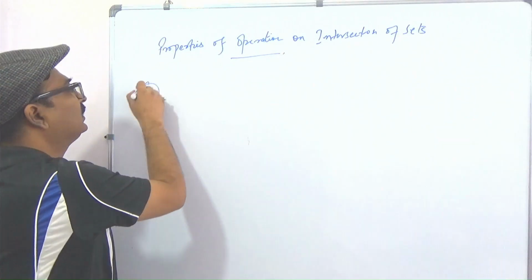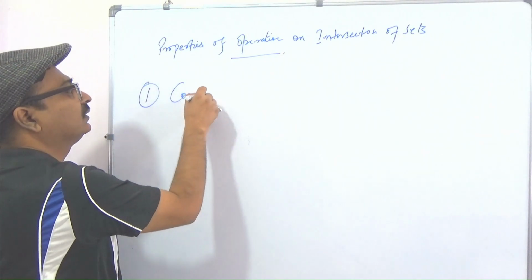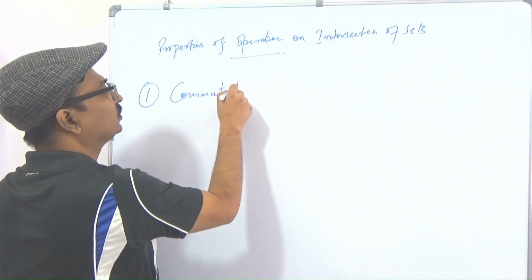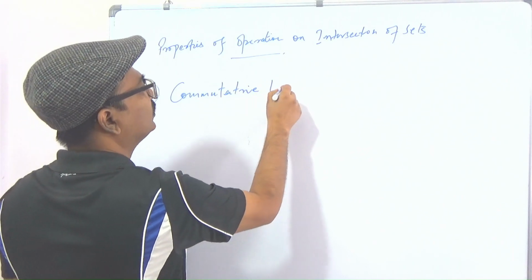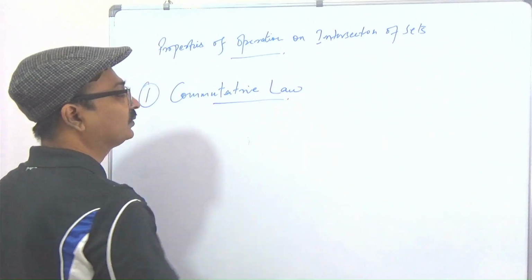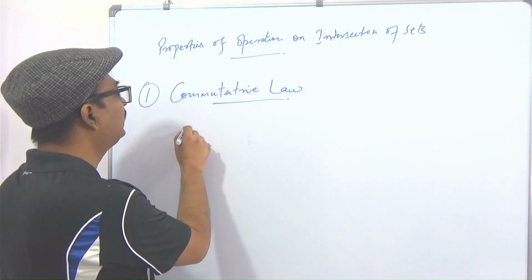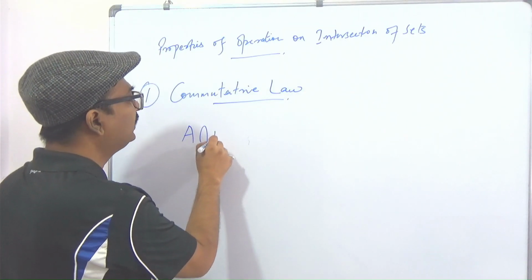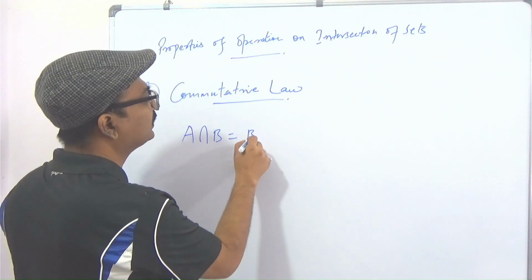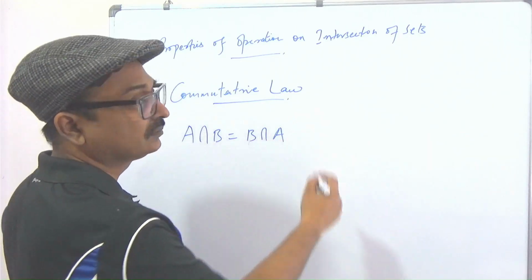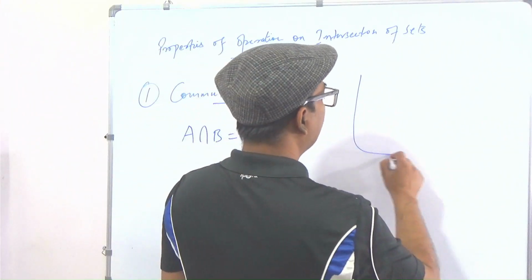First property we had seen there, it's applicable here also, commutative law. What was there? A union B was equal to B union A. Here A intersection B is equal to B intersection A. Let's see by Venn diagram.